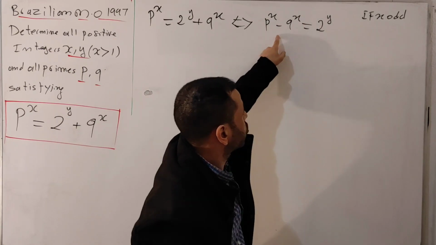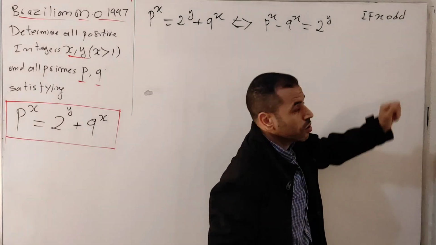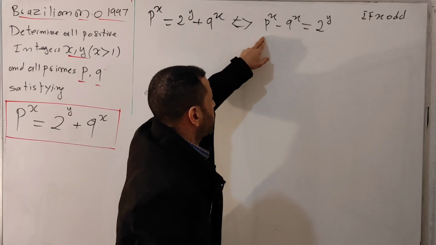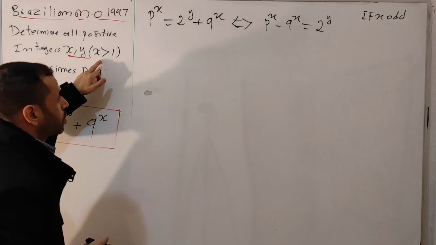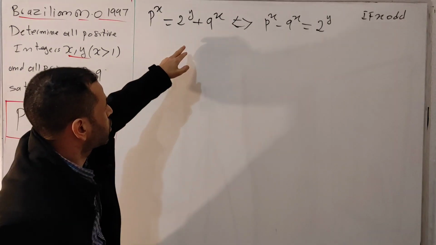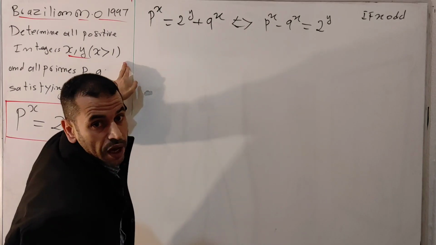Before we check the case when x is an even number, we are going to check when x is an odd number first. When x is an odd number, this becomes a factorable polynomial. And the second thing, be careful: we have x strictly greater than 1. That means the odd values of x start from the number 3.